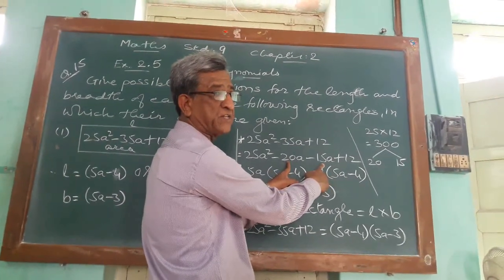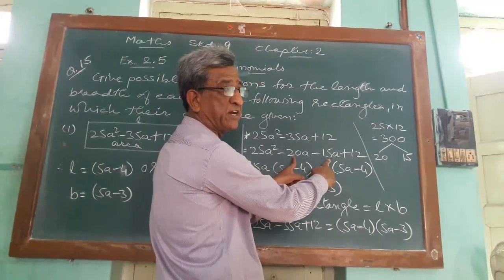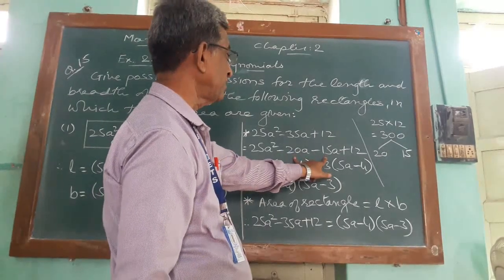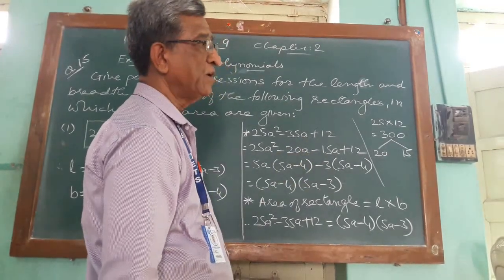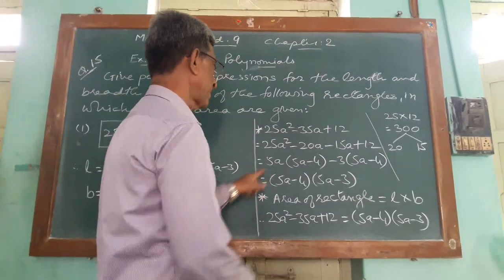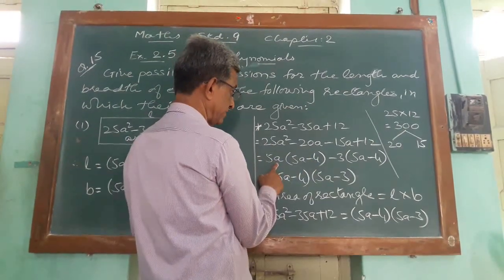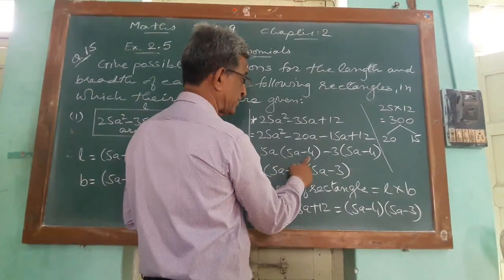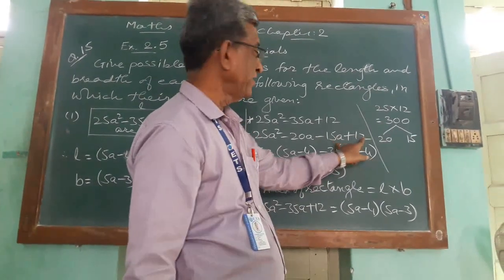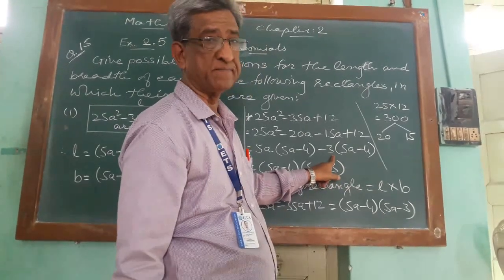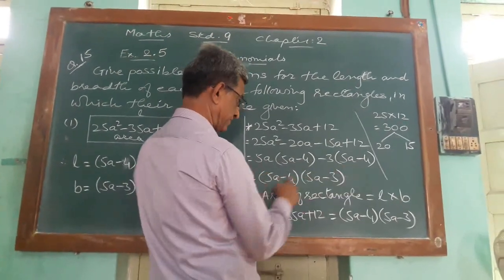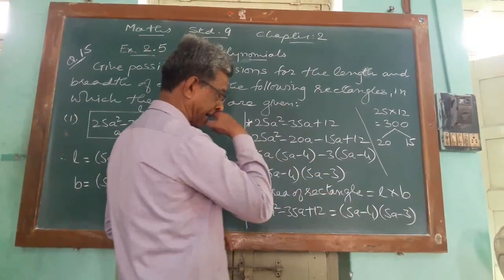Remember the method of factorization which we have done in earlier standards. Now take common from the first two and last two. Common from the first two is 5a, and in the bracket you will get 5a minus 4. Common from the last two is 3, and you will get 5a minus 4. So 5a minus 4 is common, and 5a minus 3 in another bracket.